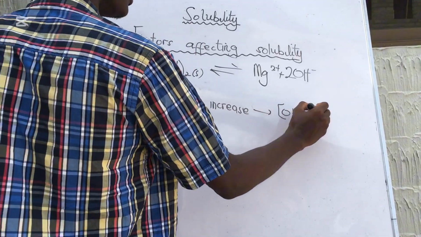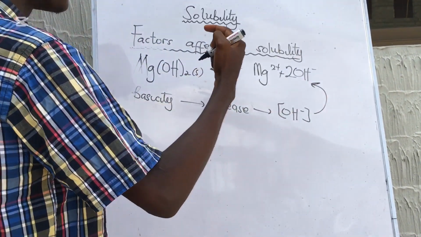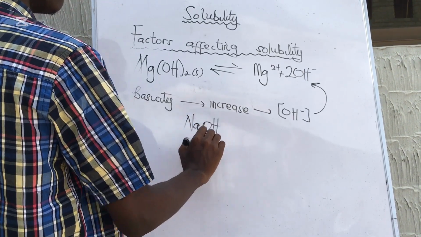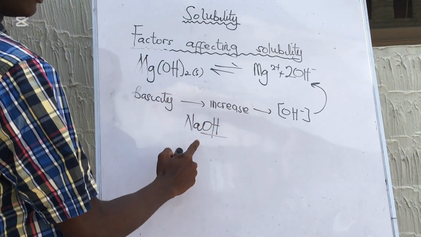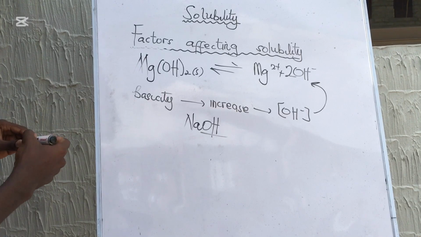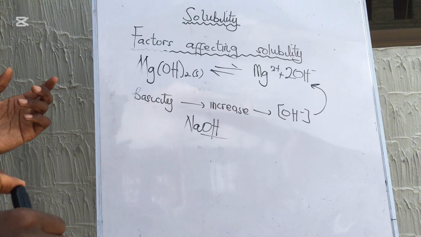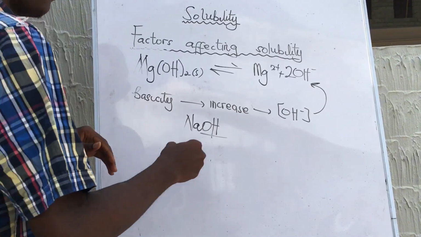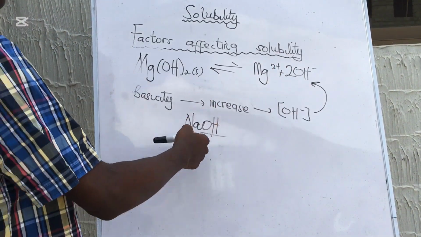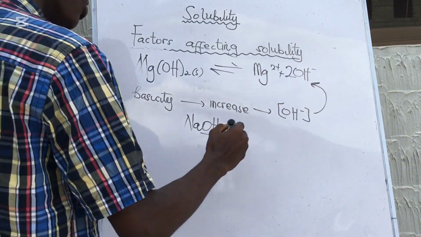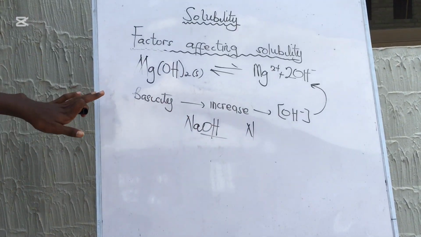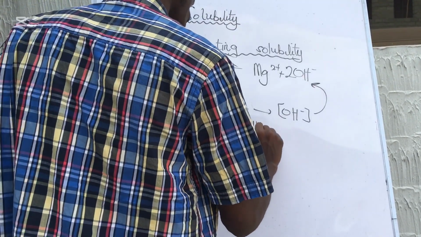Let's say we are not introducing OH minus directly, but we are introducing sodium hydroxide, that's the common ion effect, because of the OH minus there. Also, if you are introducing a salt that reacts with water to produce OH minus, it's still the same thing. Introducing ammonia also counts for the same thing, because this time around they might not say adding OH minus, but they'll ask you about adding NH3.